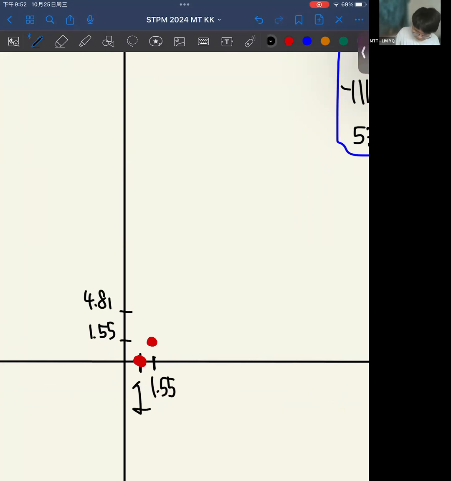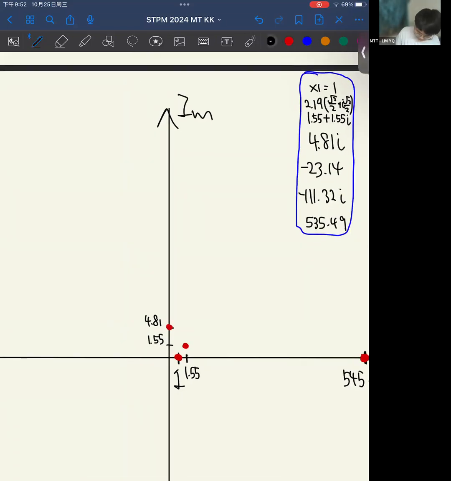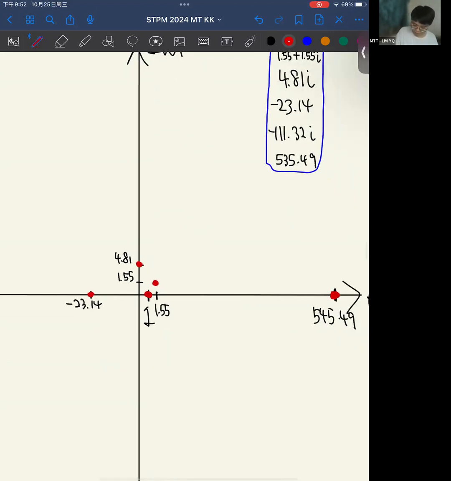Maybe here 4.81. And next, negative 23.14, maybe here, a negative real number. Next, negative 111. This one is bigger already, so maybe you can put it here. Remember, all these values are very small compared to the 500.